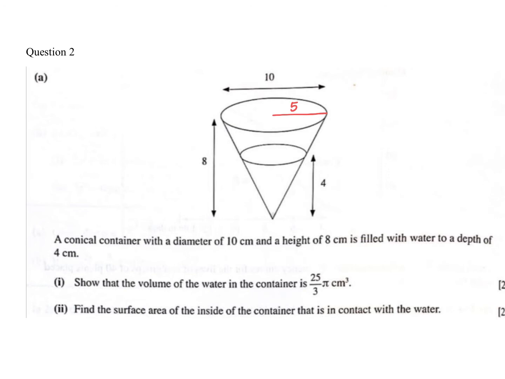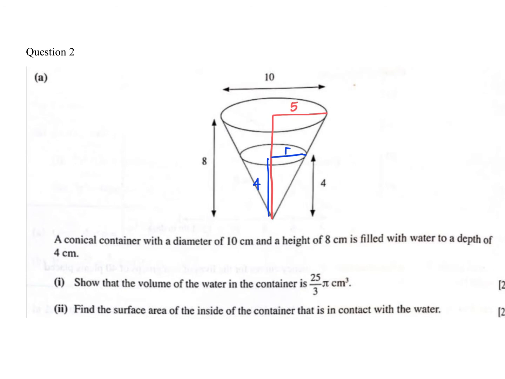The radius is 5, and it has a height of 8 cm, filled with water to a depth of 4 cm, so the water is 4 cm over here. But you notice they did not give me the radius, so I just let the radius here be r. Then we can probably find a relationship to find the radius itself.